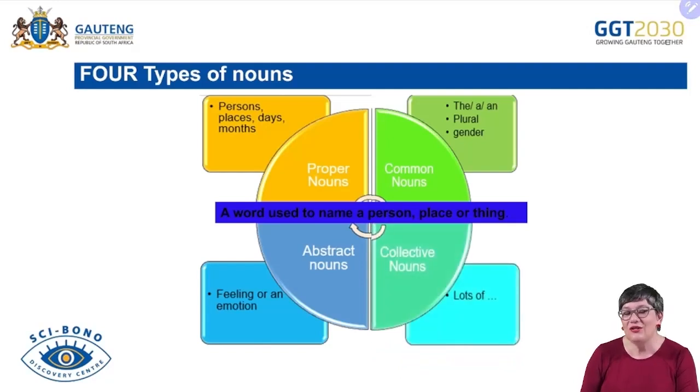So lots of something, a swarm of bees, a pack of hyenas. So these are your 4 types of nouns. In the exam, if you're asked to find a noun or to explain what kind of noun it is, these are the ones you'll have to use. Proper, common, abstract, and collective.